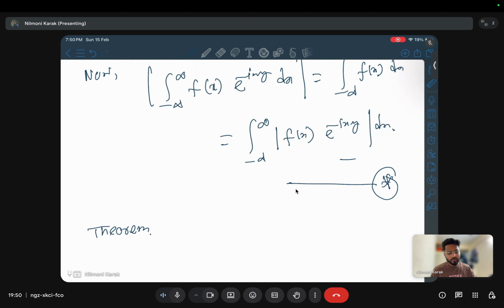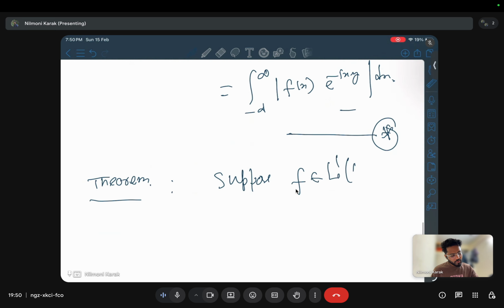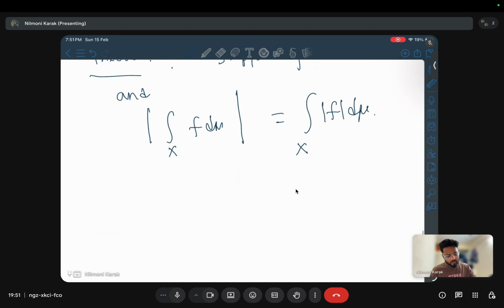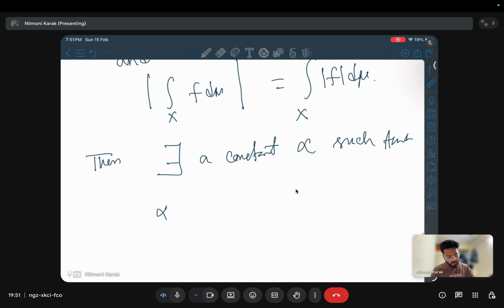When this happens, the theorem is basically: suppose f is in L1 of mu and the modulus of the integral of f d mu equals the integral of mod f d mu, then there exists a constant alpha such that alpha times f equals mod f almost everywhere on X.